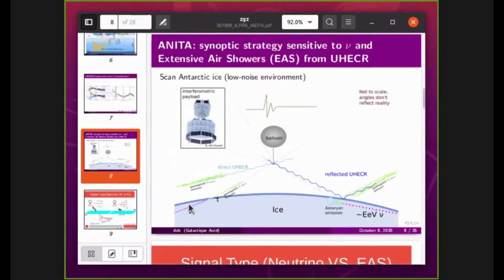And in addition, there's a third class of event where there are so-called direct ultra-high energy cosmic rays, which will interact at glancing angles, and those produce direct radio signals. Notice that the radio signals produced by direct UHECR have an inverted polarity, opposite polarity relative to reflected UHECR. Again, in the second case, there's an inversion due to the effect of the ice having a higher index of refraction than air.